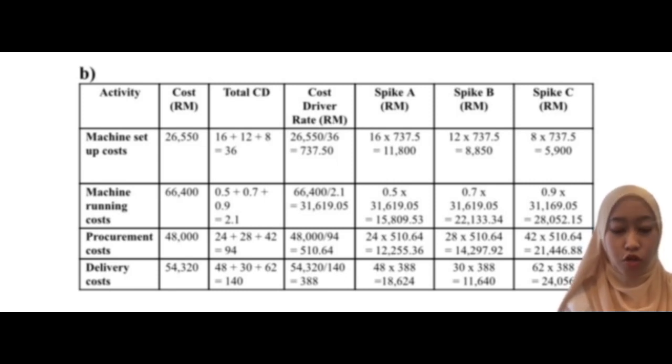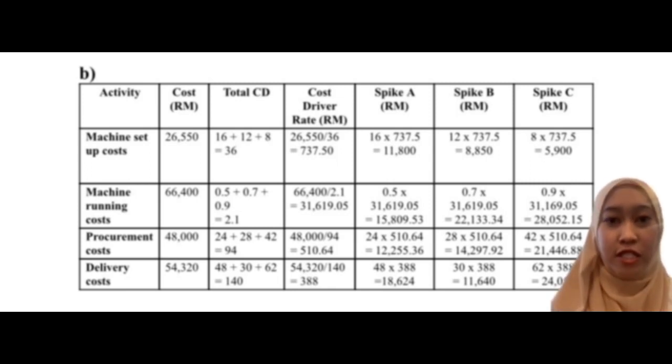Next, for procurement cost, the total procurement cost is divided by the total cost driver for procurement cost. Lastly, the cost driver rate for delivery cost is the total cost for delivery divided by the total cost driver for delivery cost.